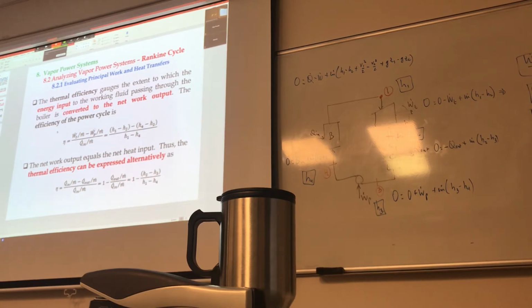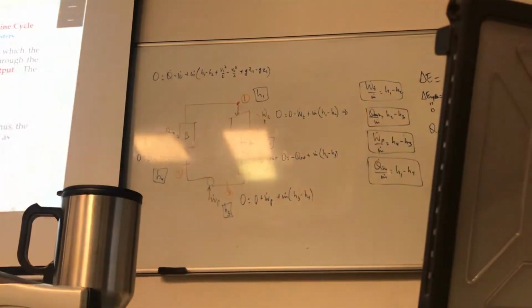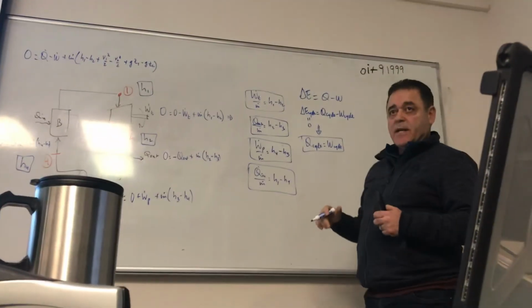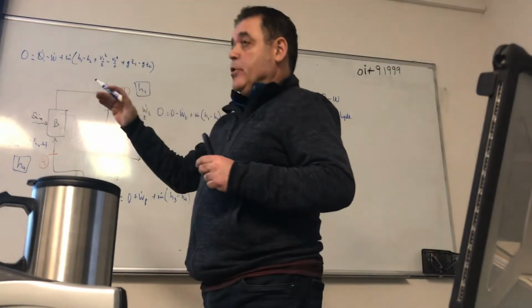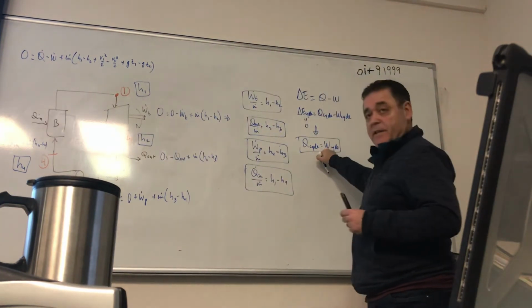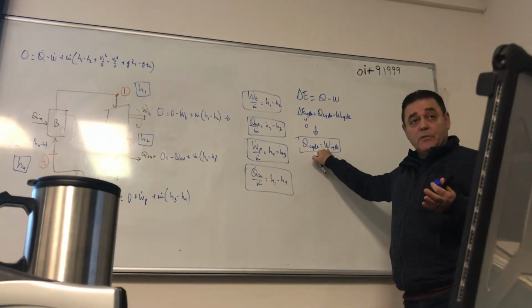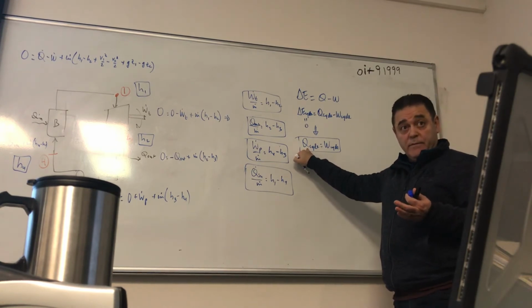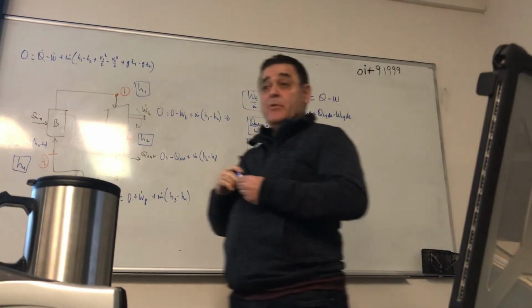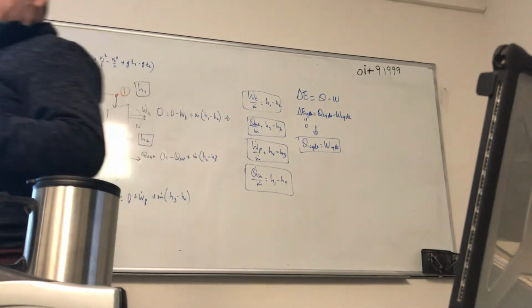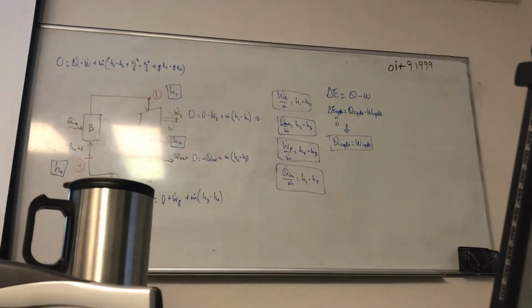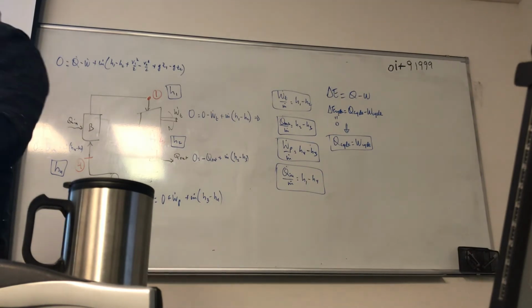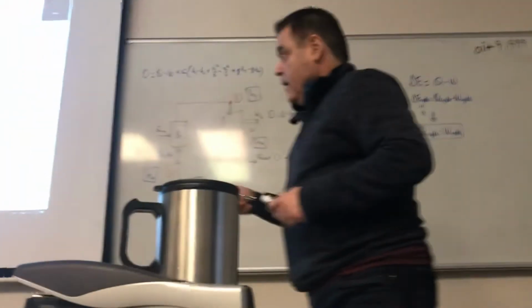That means that Q cycle is always equal to W cycle. Never forget that. That's why we say that the net work output, W cycle, is obviously the net work output, and this one is the net heat input. Why are we saying the net heat input? Because there are two places across the boundary where we are exchanging heat. One is taking heat in, the other is taking heat out, and therefore there is a net heat input.